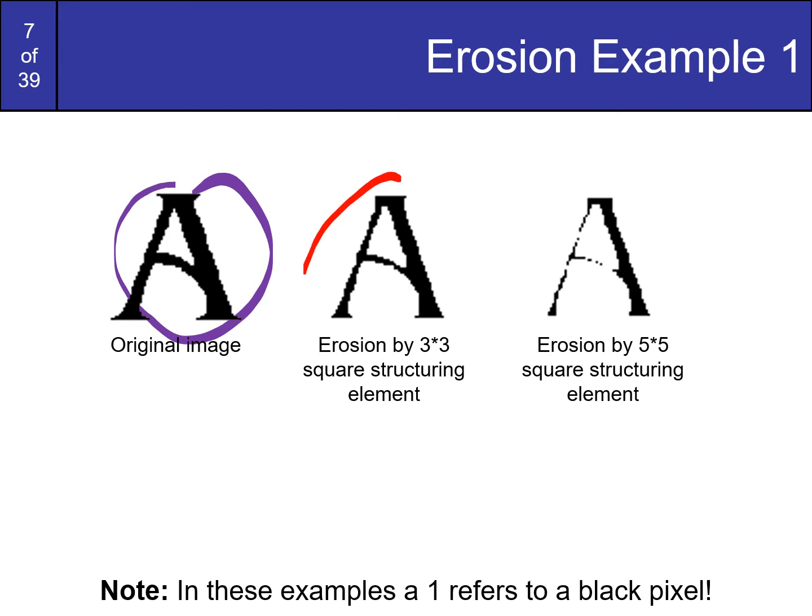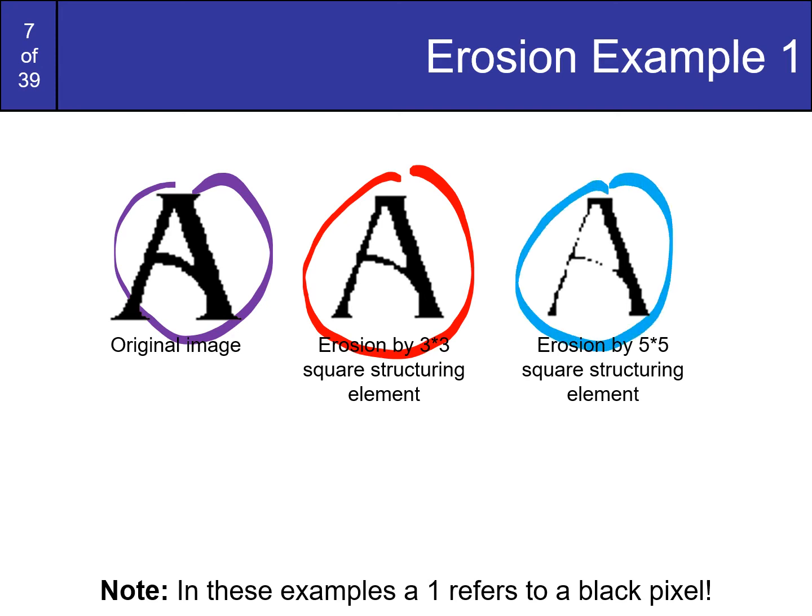We have the result here, and if we use a 5 by 5 structuring element, we have the result here. So the shrinking or the eroding is much more obvious when we use a bigger size of structuring element. Okay.